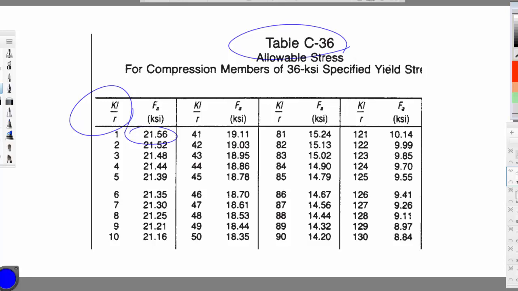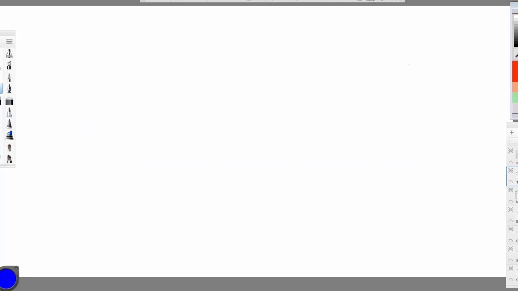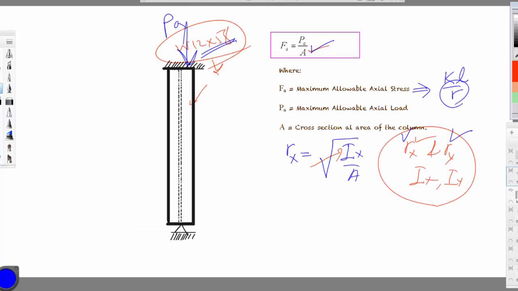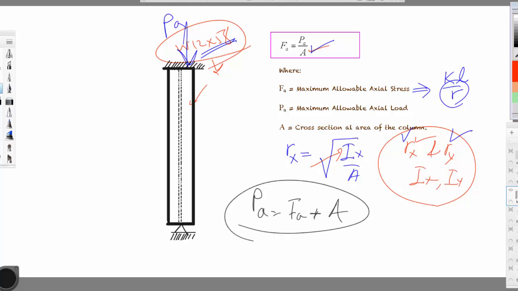These are the two grades of column. Once we get the value of FA, the rest is straightforward, because the equation now becomes PA is equal to FA multiplied by cross-sectional area, because now I got the value of FA from the KL over R, and the cross-sectional area is already given.